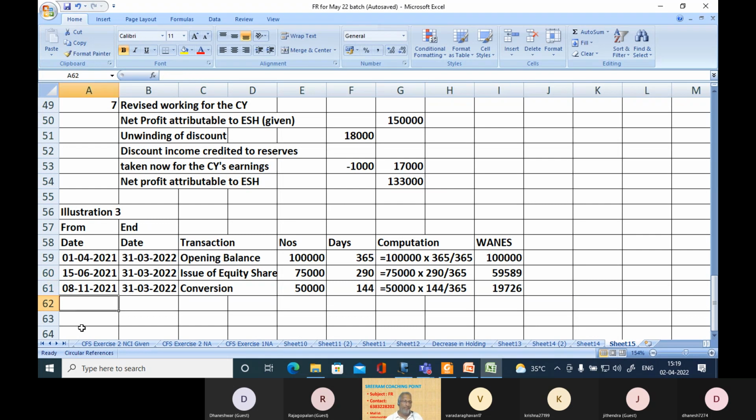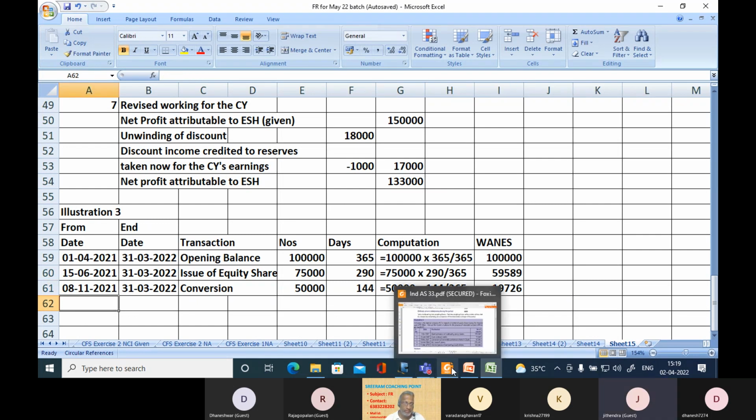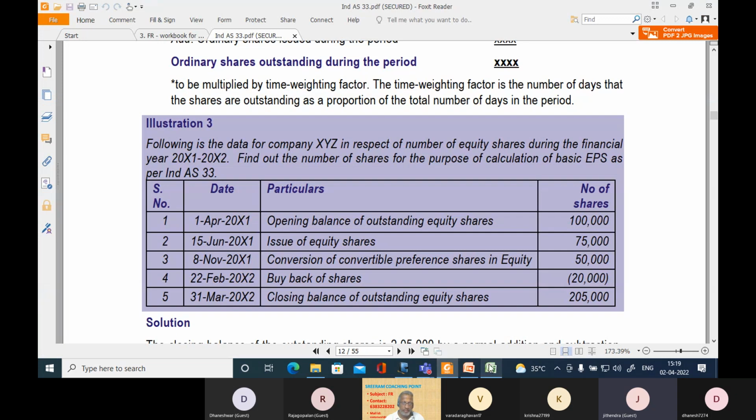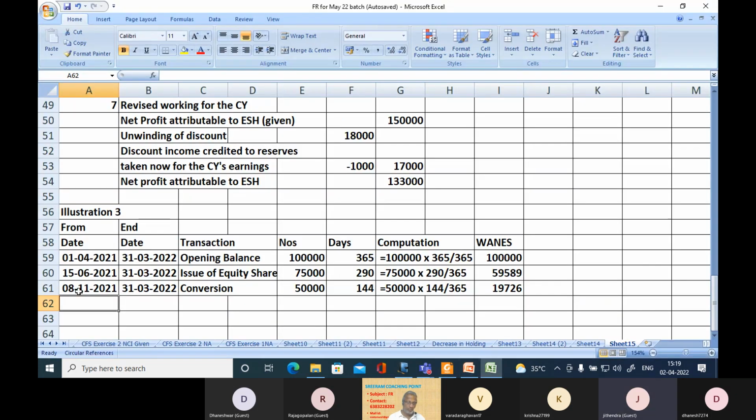Correct? Sir, 22nd February 2022. Buyback of shares. Buyback. How much is the quantity? 20,000, sir. I will show it in the negative.